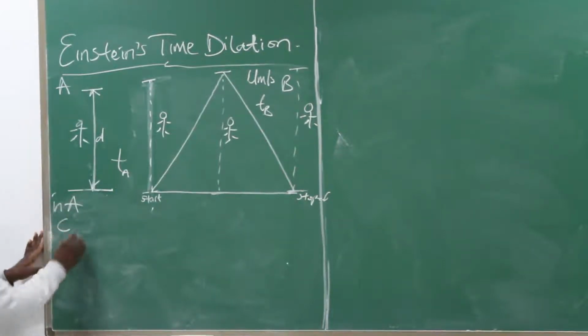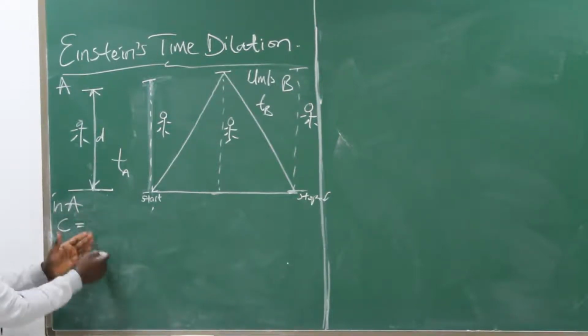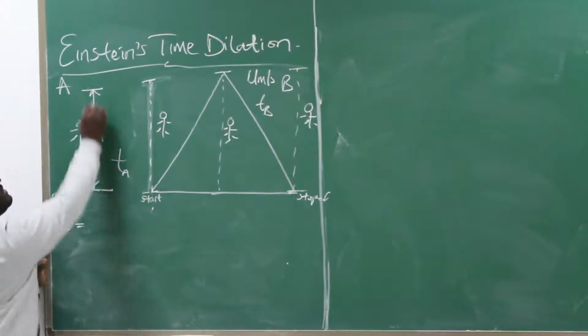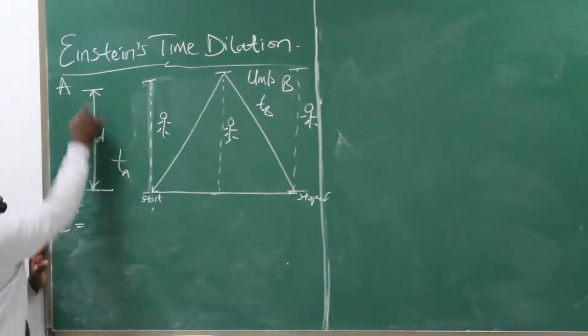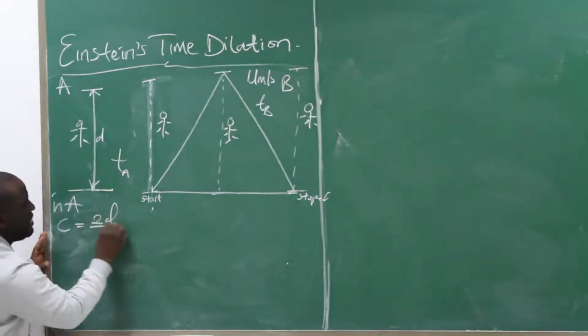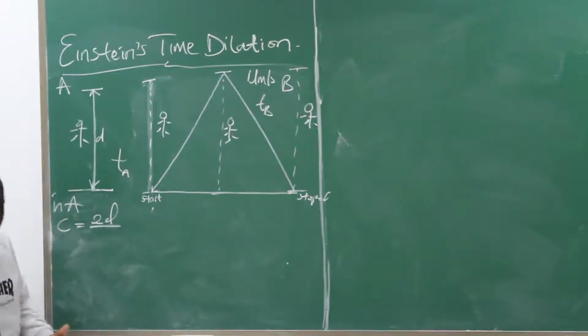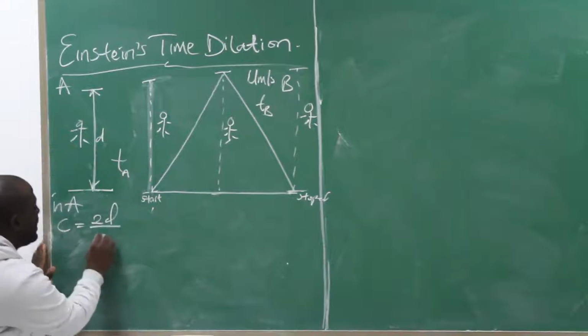We call it C, is equal to, now, what is the component of speed? Distance over time, right? Now, what's the distance this thing moved to and fro? It's the distance between here and here is D, which means a round trip would be 2D, all over the time you seated in a car watching this whole thing take place, which is TA.